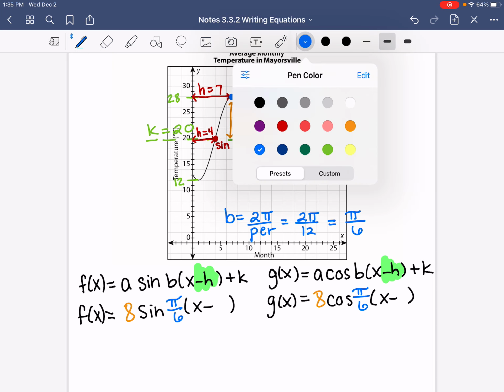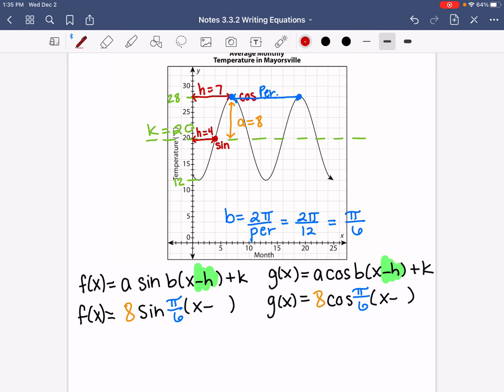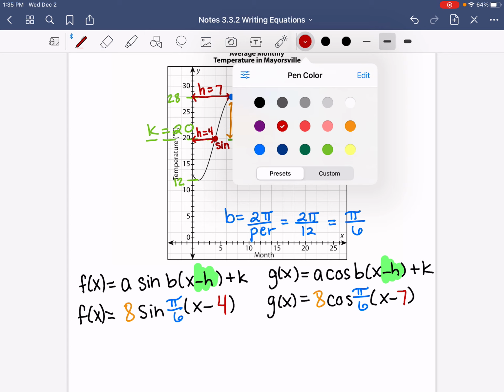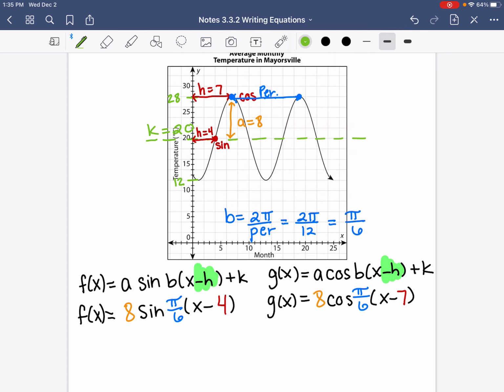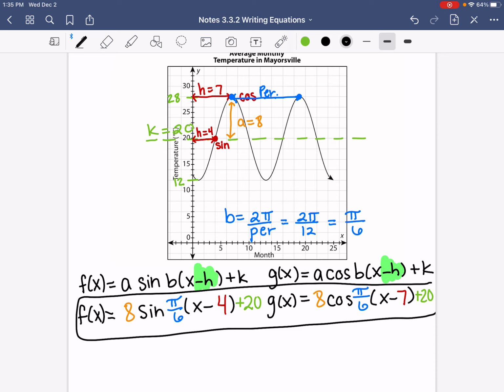The only thing that changes is my horizontal shift. So for sine it was 4, for cosine it was 7. And then the last piece of information is my midline, which was 20. So I have 2 equations for your homework. You do not have to write both, but they are exactly the same. The only thing that's different is their horizontal shift.